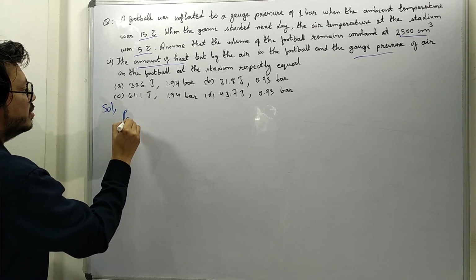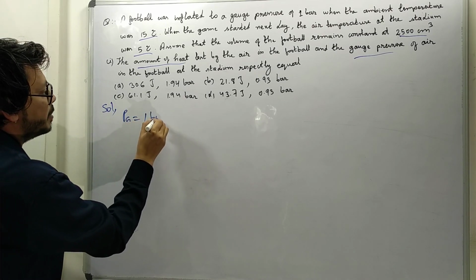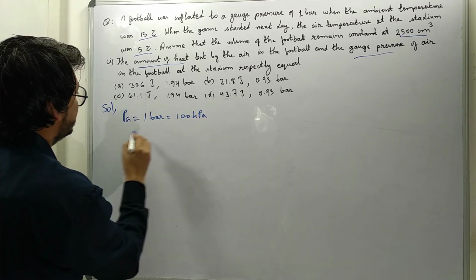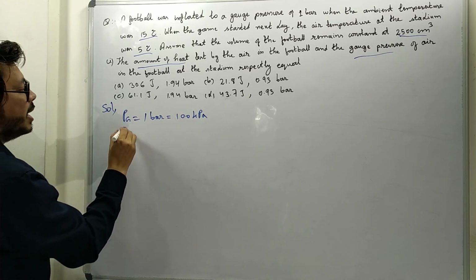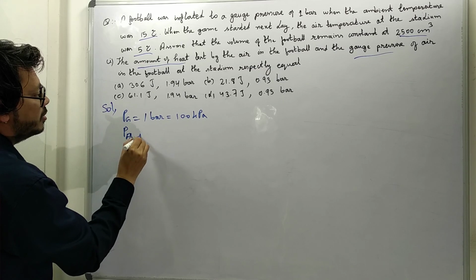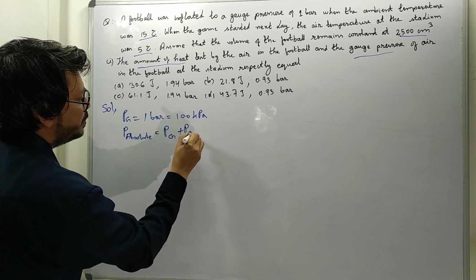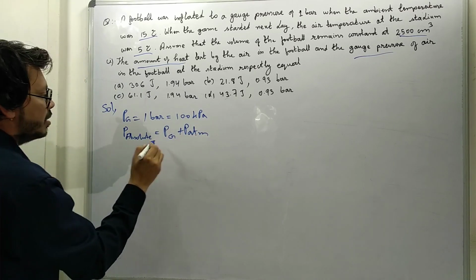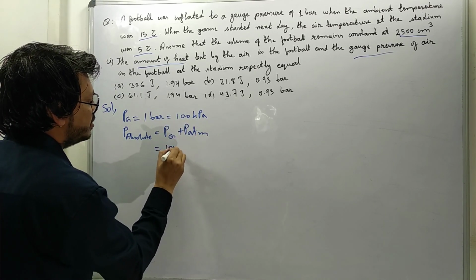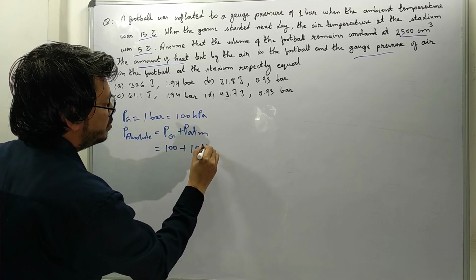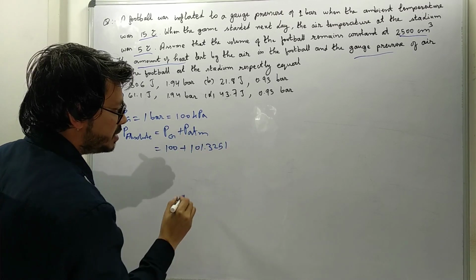Initially the gauge pressure is 1 bar, equal to 100 kilopascal. Now absolute pressure is equal to gauge pressure plus atmospheric pressure. The value of gauge pressure is 100 plus the value of atmospheric pressure is 101.325 kilopascal.